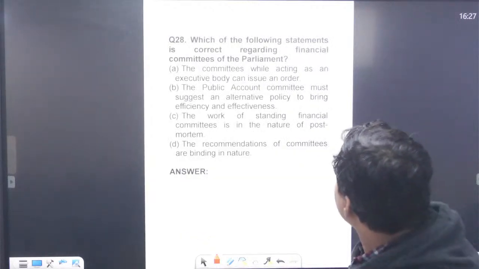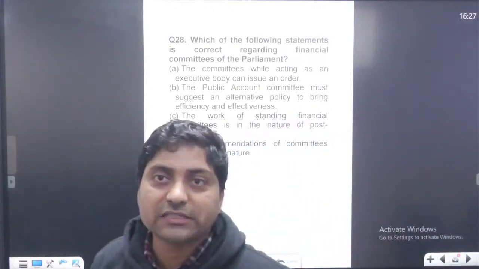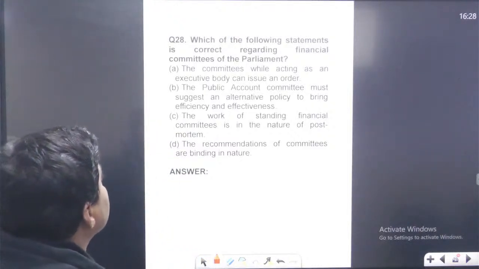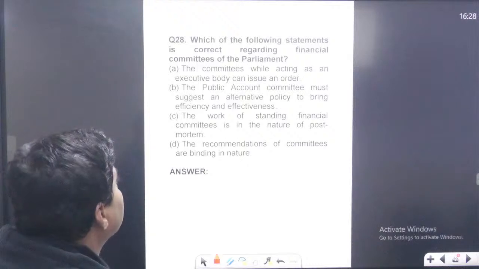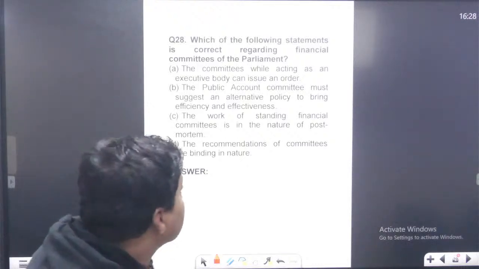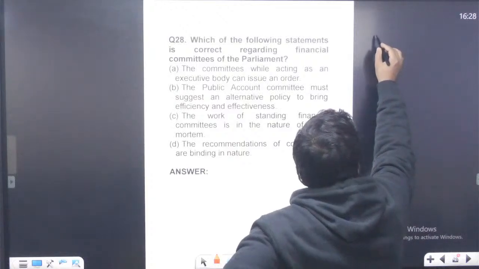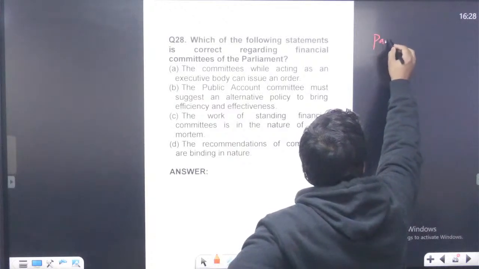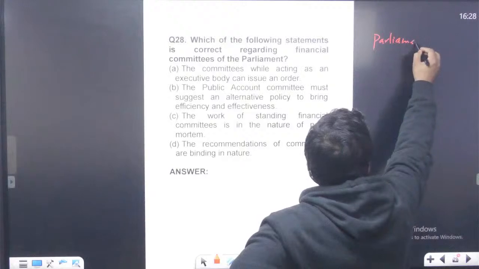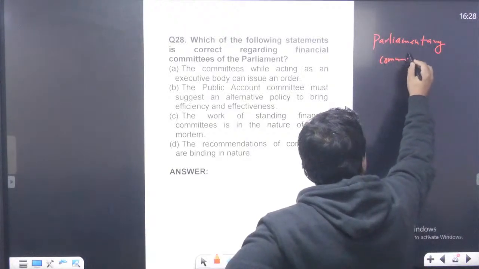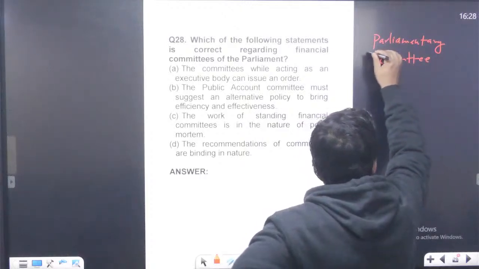This is the last question that I will deal with, and then I will stop here. Which of the following statements is correct regarding the financial committee of the Parliament? What is a parliamentary committee?